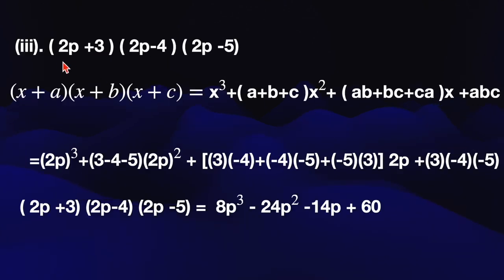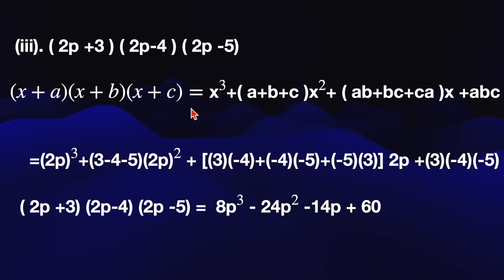Okay, third sum. 2p plus 3 into 2p minus 4 into 2p minus 5. So what is the general formula? We have to write like this. You know this. (x plus a) into (x plus b) into (x plus c) is equal to x cube plus (a plus b plus c) x square plus (ab plus bc plus ca) x plus abc.